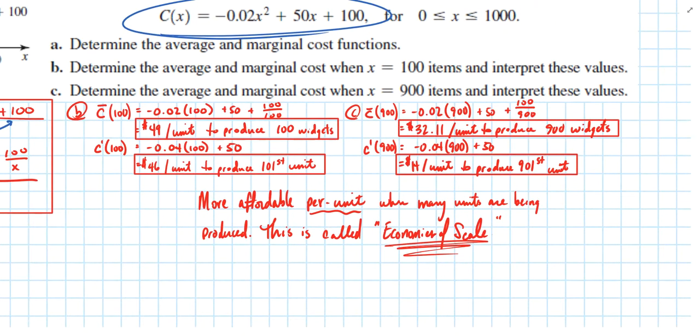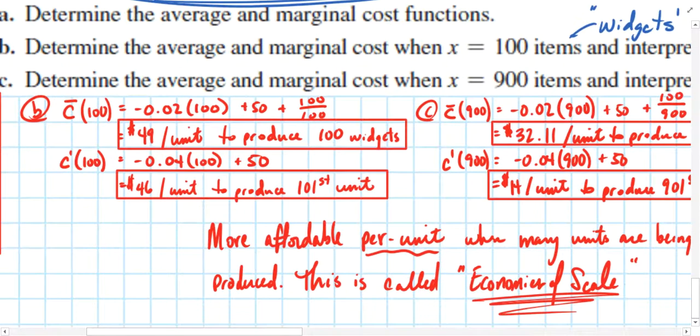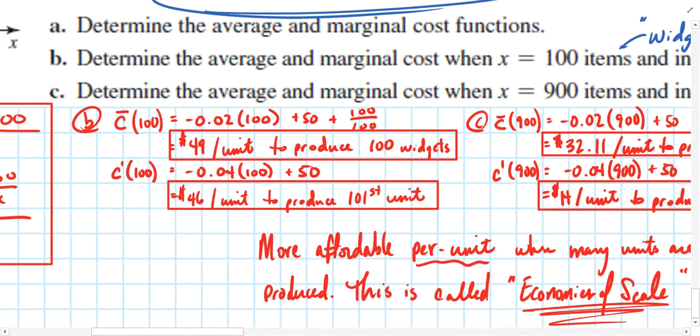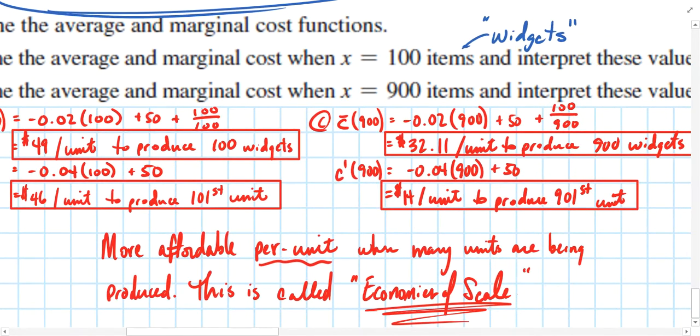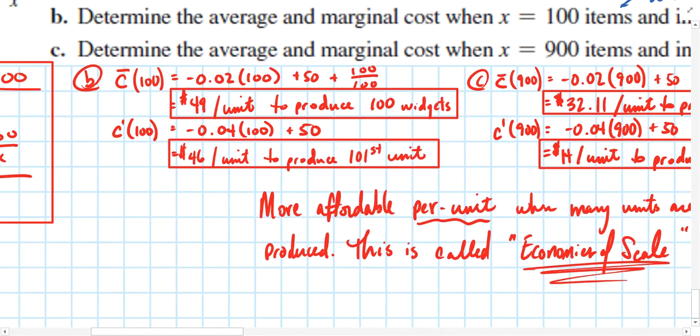So a lot of times in economics or in this kind of business calculus, if you will, the items that we're producing, we don't really have a name for these items, and rather than calling them items, you'll hear some instructors call these widgets, just things that are being made. And so now that we have the average and marginal cost function, let's determine what the average and marginal cost is when you only make 100 items or 100 of these widgets.